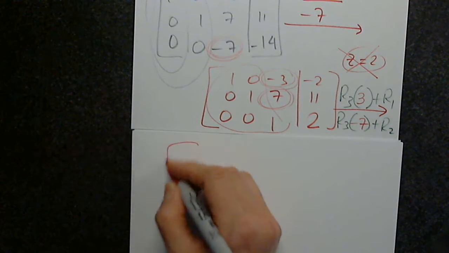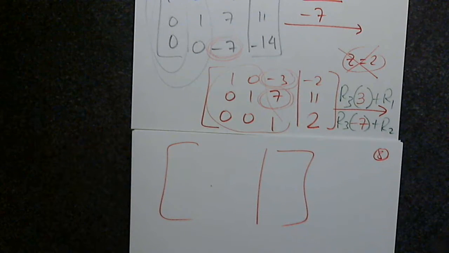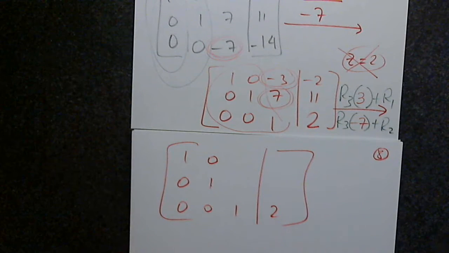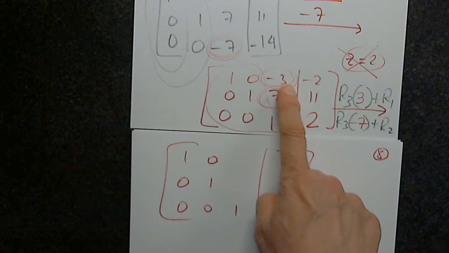Last step. Well done. Of course, I copy 1, 0, 0, 1, 0, 0, 1, and 2. Those will not change. If they do, we're going backwards and we'll never solve. 1 times 3 minus 3.